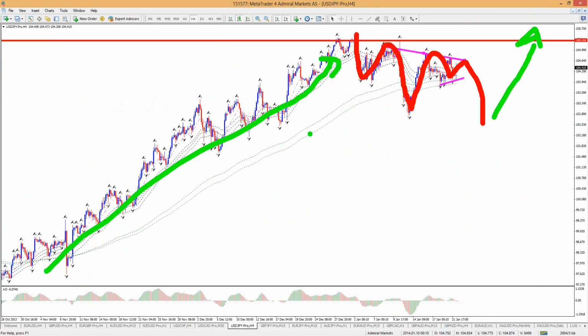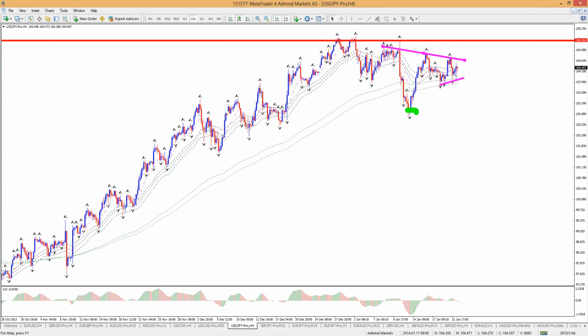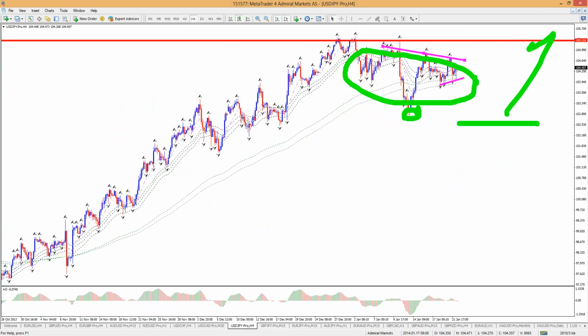So that's simple, in my opinion, dollar yen, very straightforward. Either the correction ended here, this is upside, or the correction is not finished yet, and we're still going to correct more and stay within this consolidation and maybe move lower to the 38 and then break to the upside.